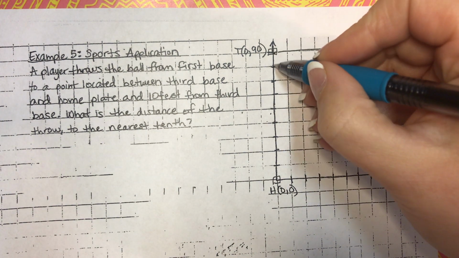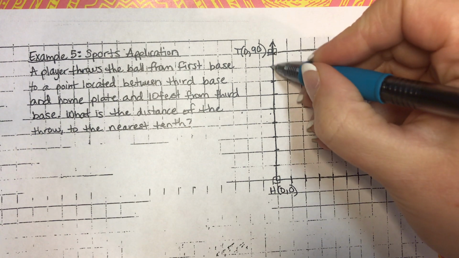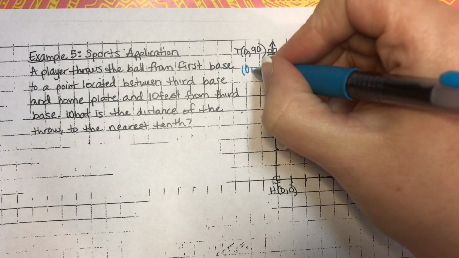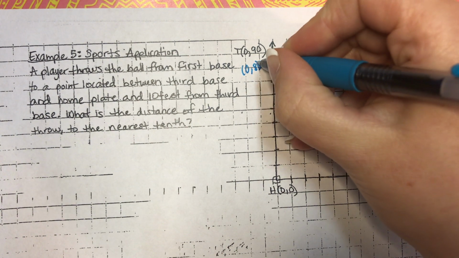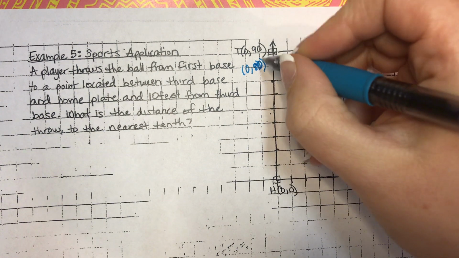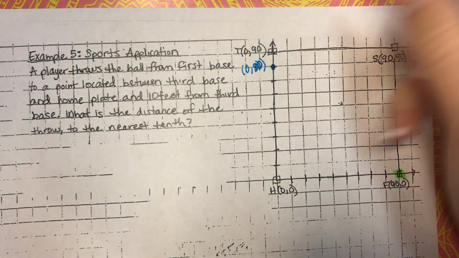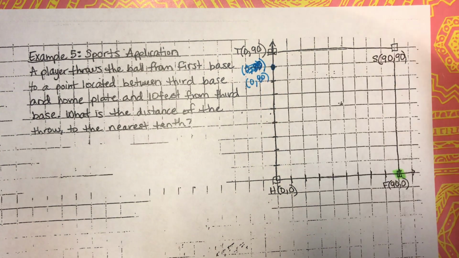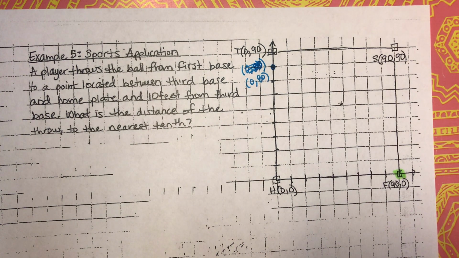Yes, so 10 feet from third base would be at 80 feet, right? So that would be the point 0, 80. If I had a little ruler, I could make a very beautiful straight line.